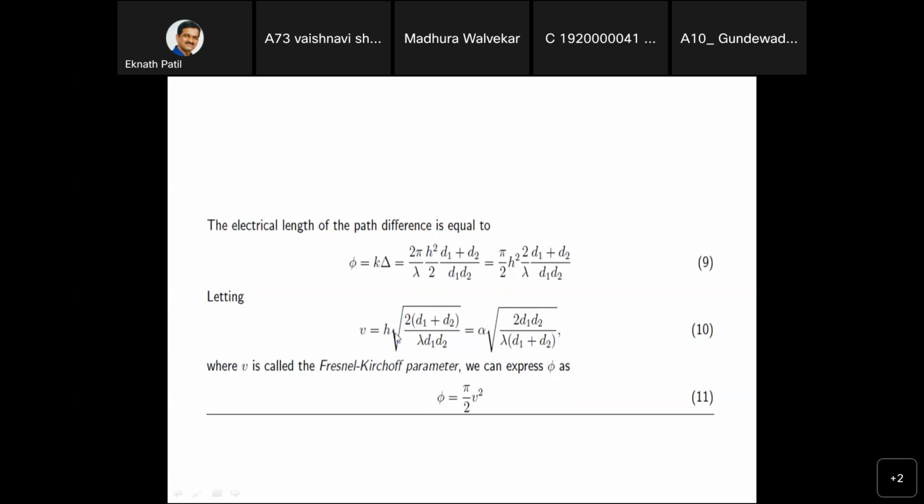For that, they have taken this particular part, delta square, and they have calculated v, the Fresnel-Kirchhoff's parameter. We can express phi as pi by 2 v square.